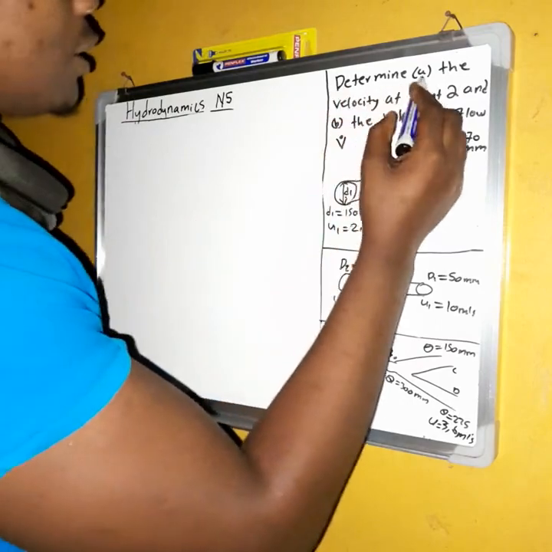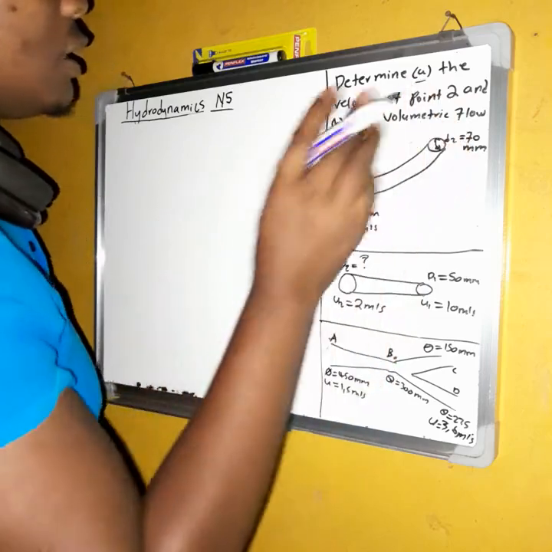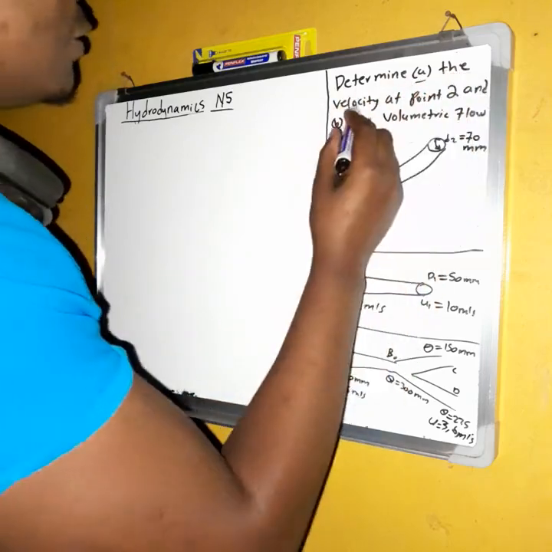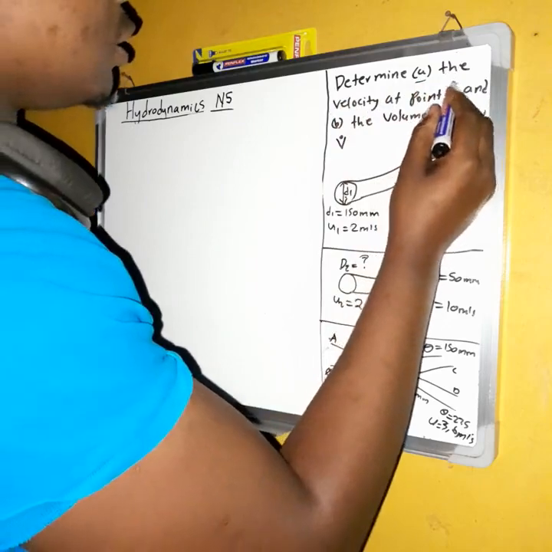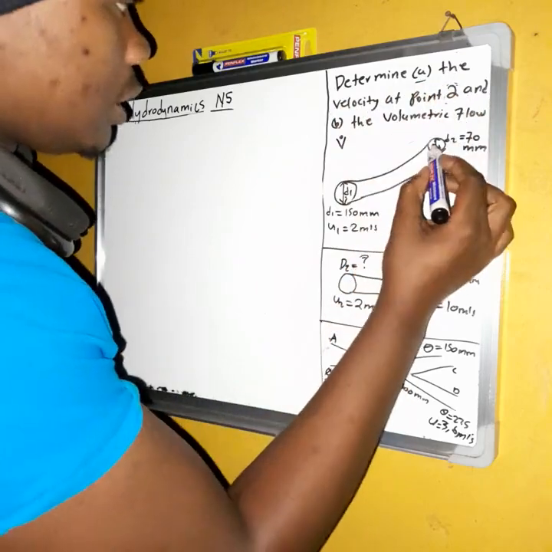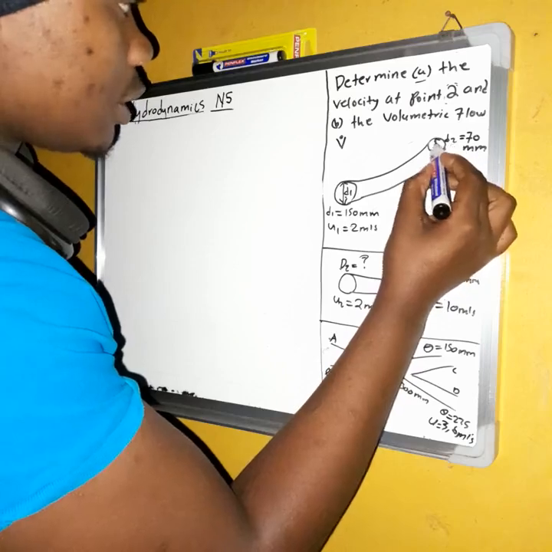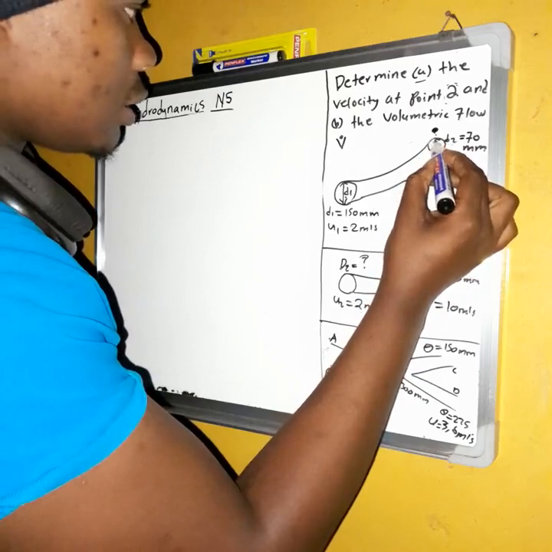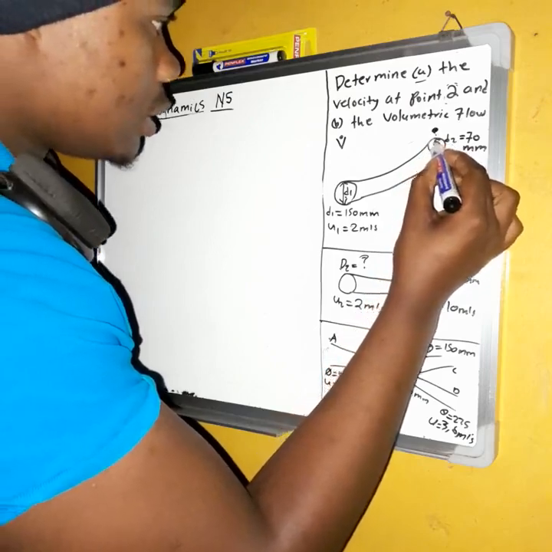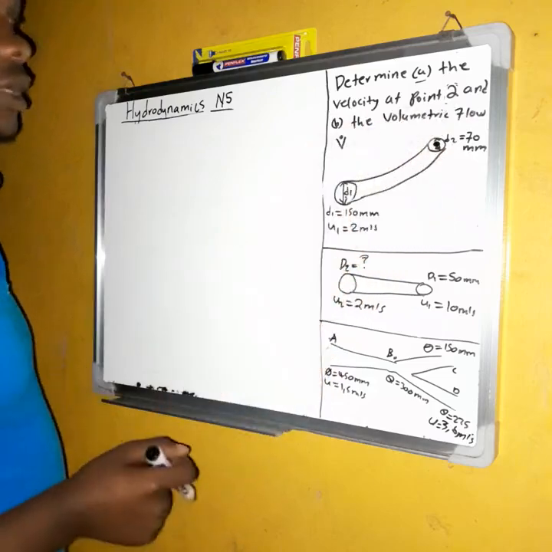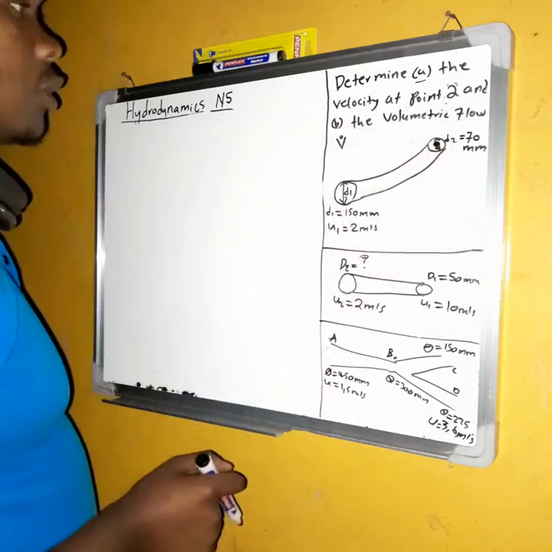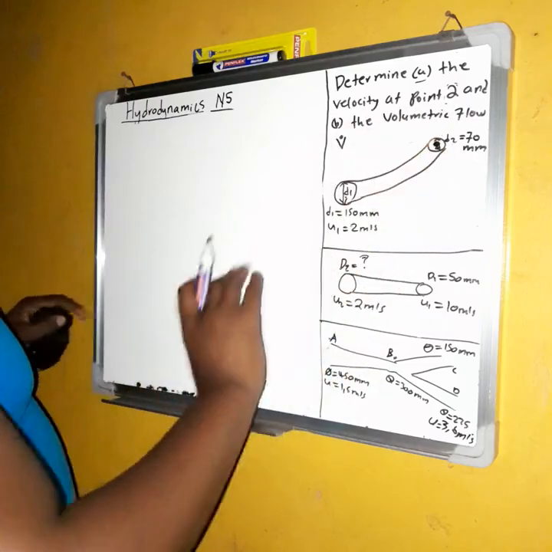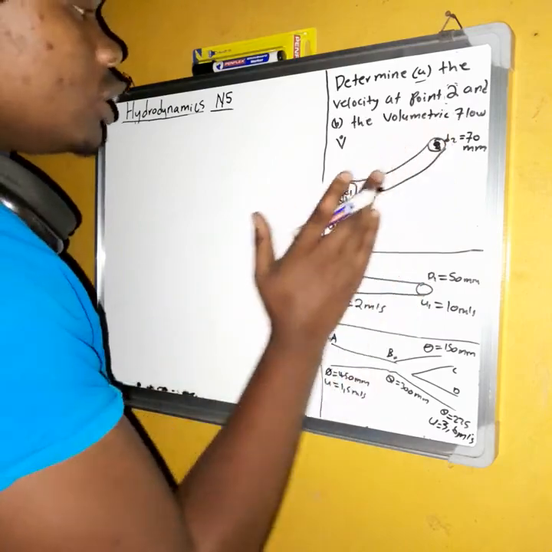The question says determine, we're given this, it's A, the velocity at point 2. Here is point 2, we have diameter 2 here. That means you want the velocity here at point 2. What is the velocity at point 2? Now we know, because we can apply the continuity formula.